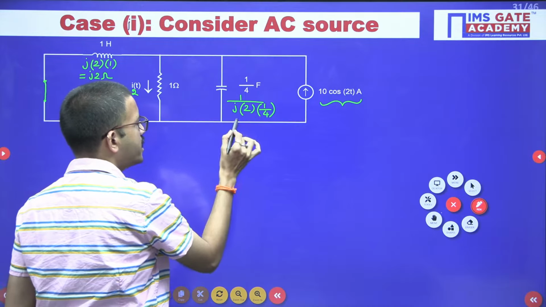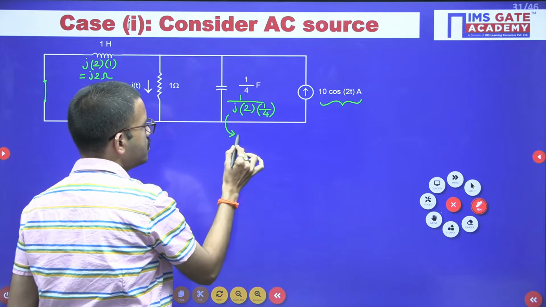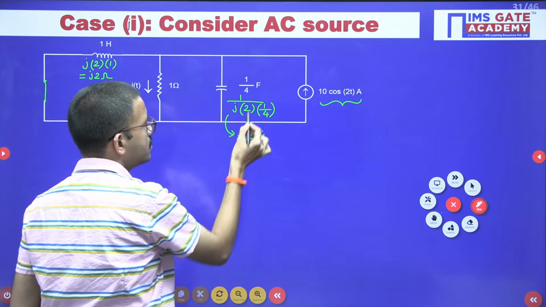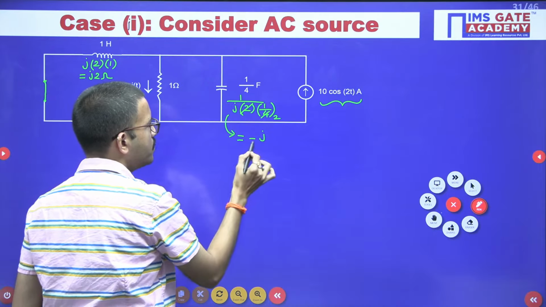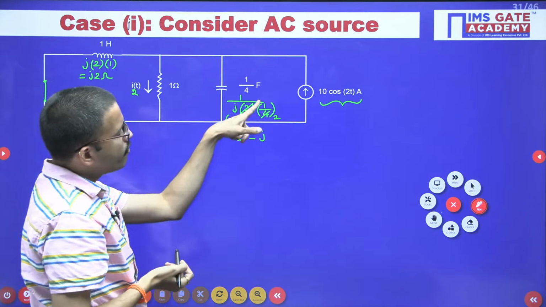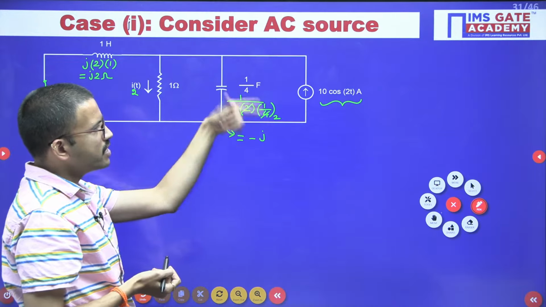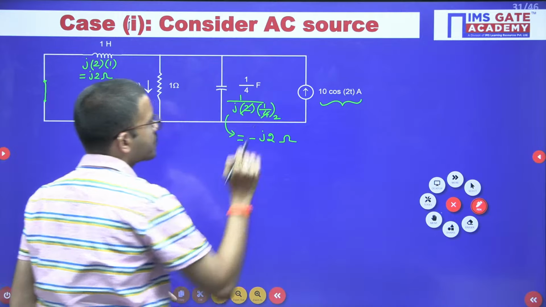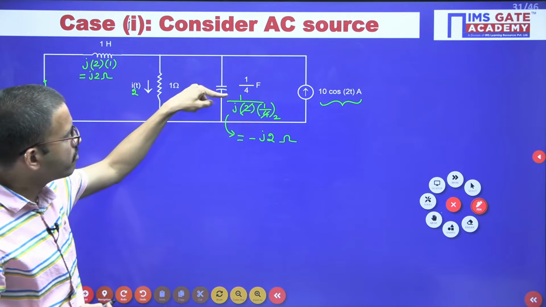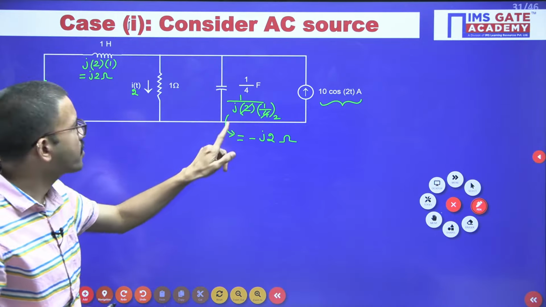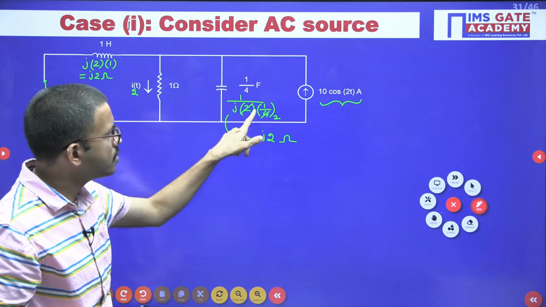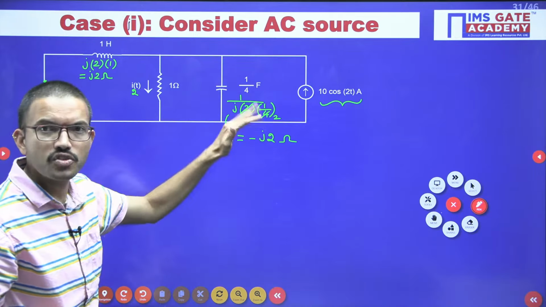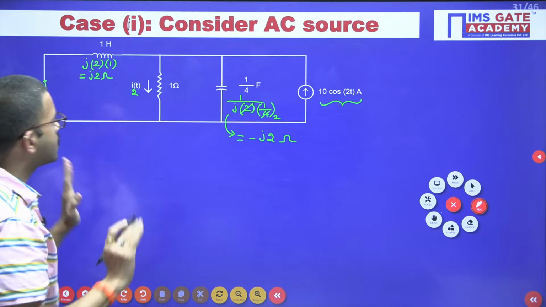So 1 by j you can write as minus j, and then 2 into 1 by 4 is nothing but 1 by 2. So 1 by (1 by 2) is nothing but 2. Right? Now just observe.